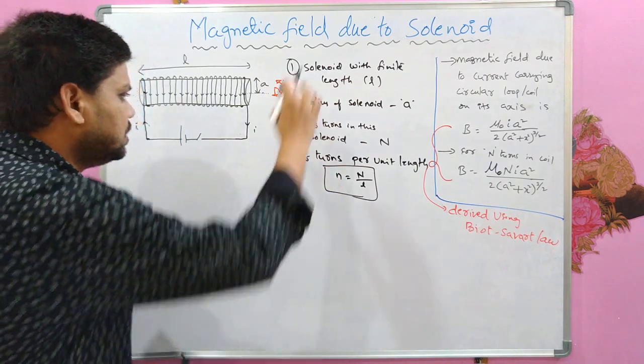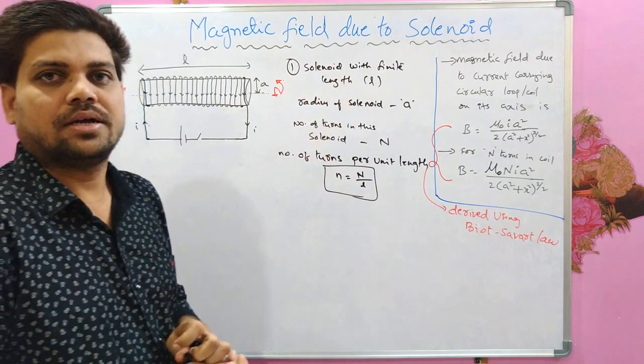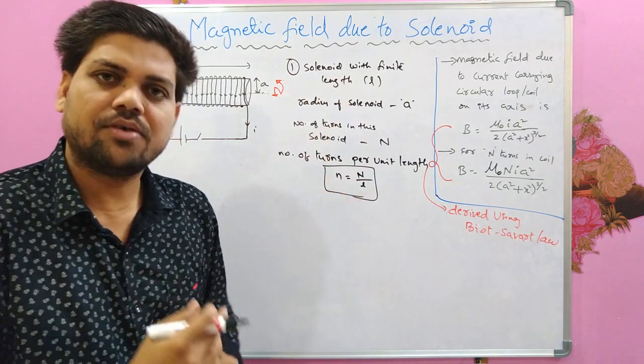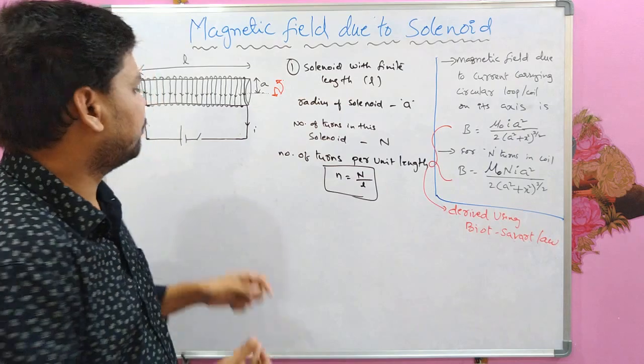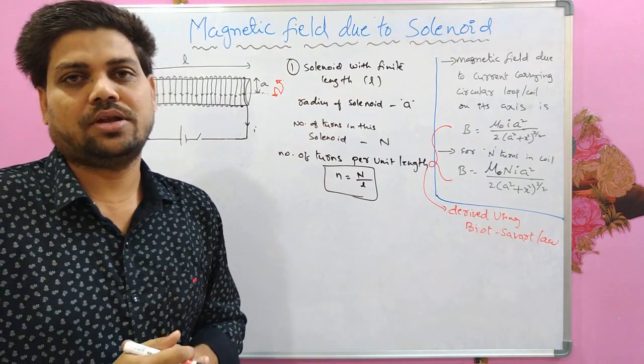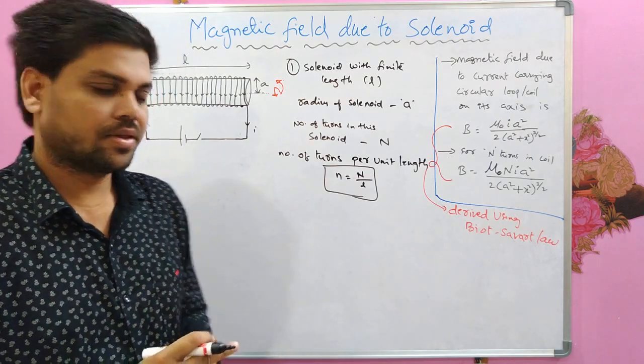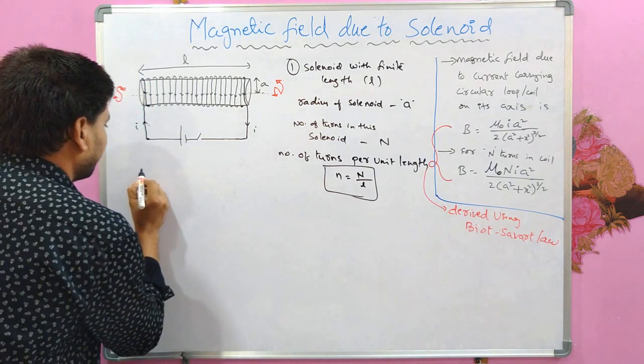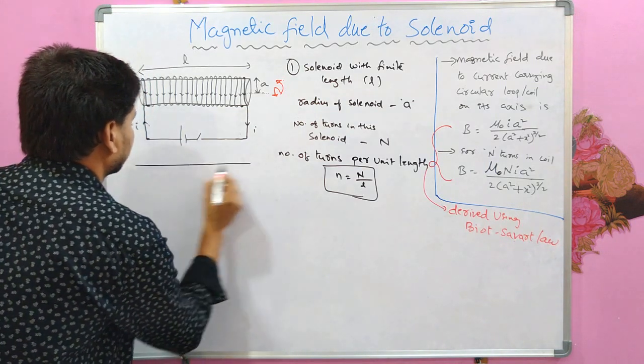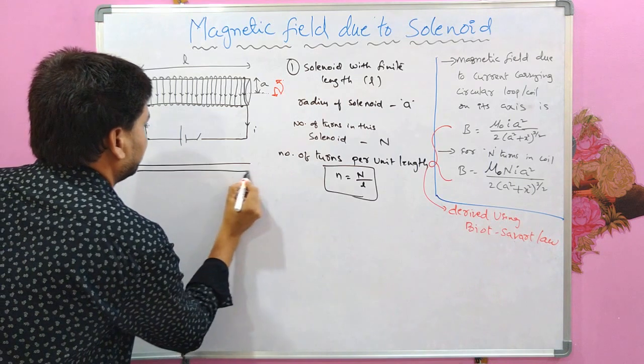Okay, so using this description, now we will find the magnetic field on the axis of the solenoid at a point. So this is a solenoid.